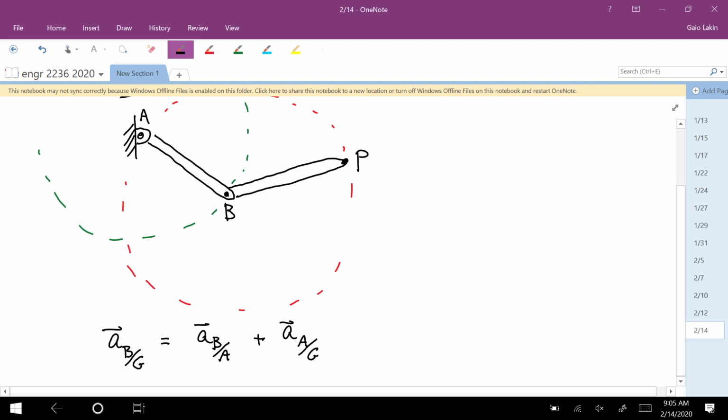And so you can set it up the same way. This is the circular motion of B around A, but the acceleration of A relative to the ground, that's fixed in this case. When you do that relative motion equation for P around B, the second part is something.